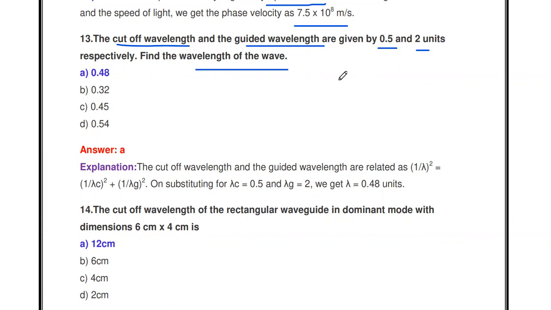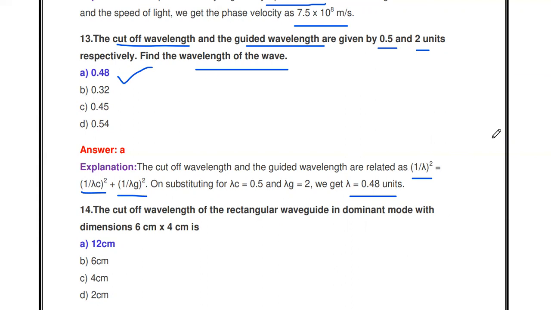Okay, so what is the relation between lambda, lambda g and lambda c? 1 divided by lambda the whole square is equal to 1 by lambda c the whole square plus 1 by lambda g the whole square, where lambda c is the cutoff wavelength, lambda g is the guided wavelength. So if you substitute the guided wavelength and cutoff wavelength and calculate, we will get the answer lambda equal to 0.48 units.